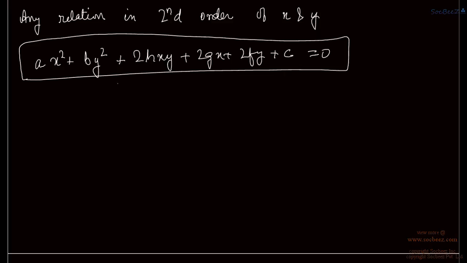So this is a second order relation between x and y. We call this relation a conic.